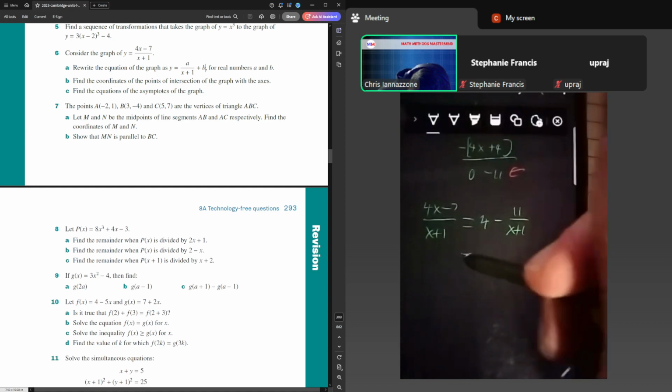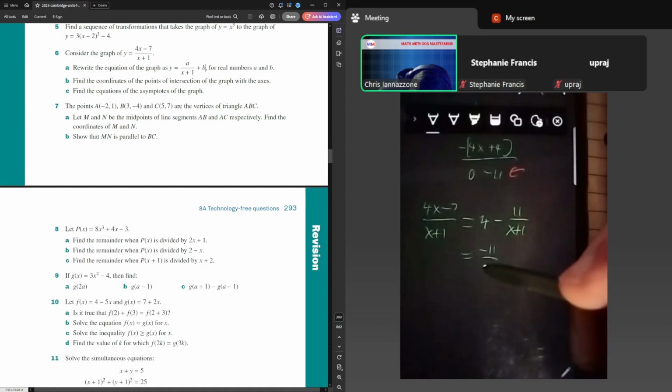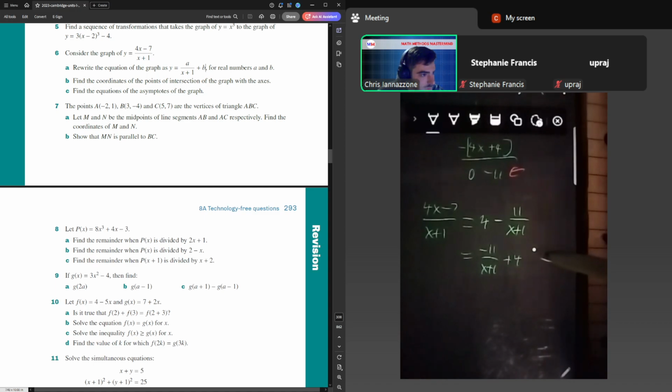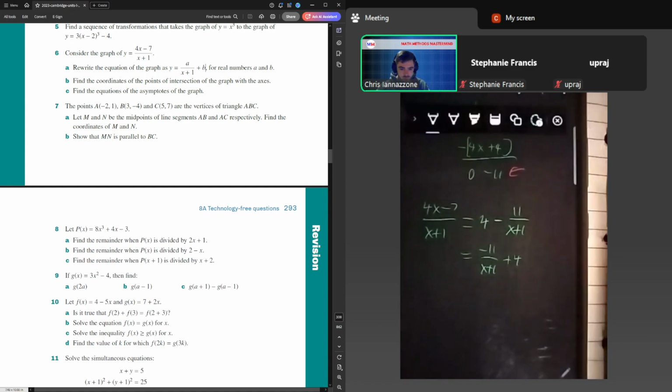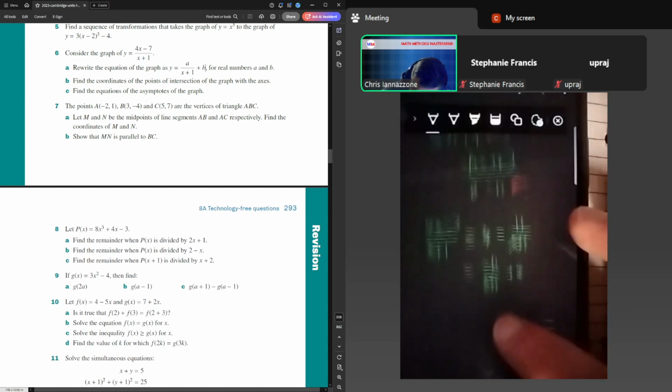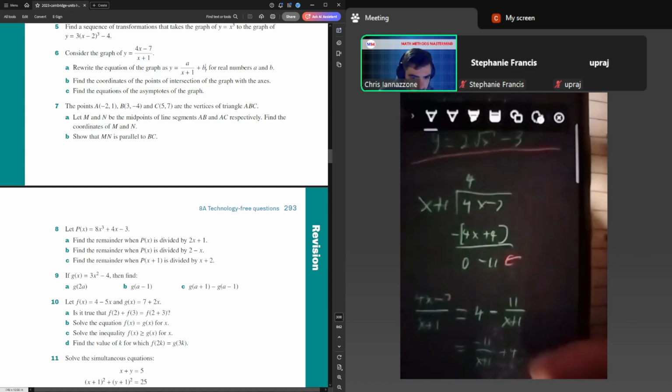All I have to do is flip the order of those terms: negative 11 on x plus 1, plus 4. And all of a sudden we've got our a and b. A is negative 11 and b is 4. So polynomial division will always work, and it's a pretty quick thing too. You do it pretty fast.